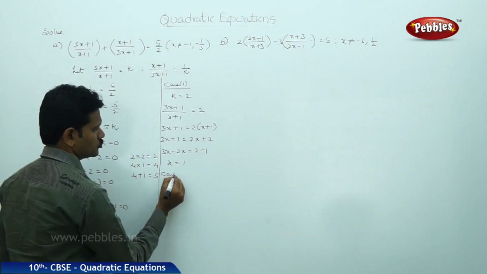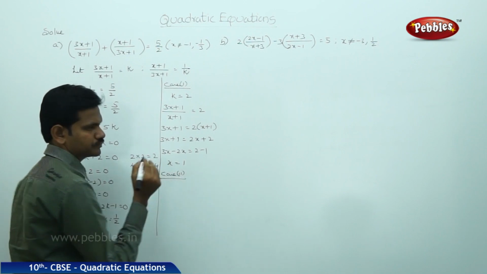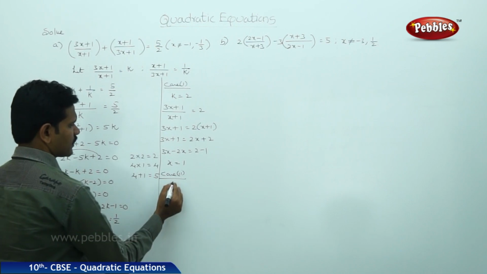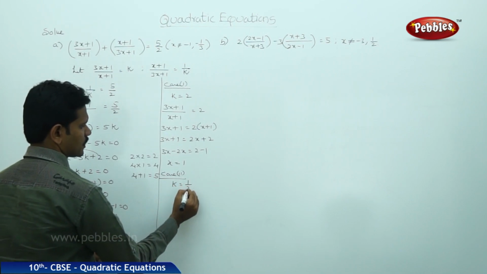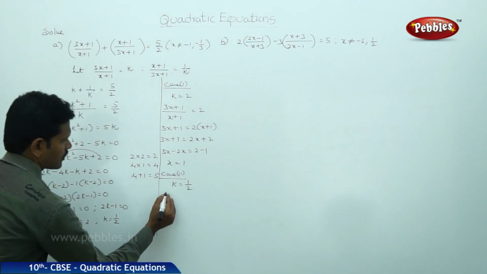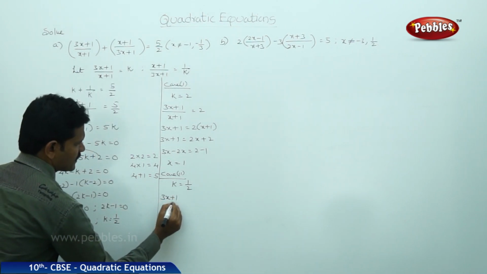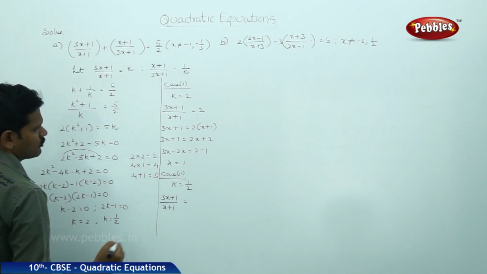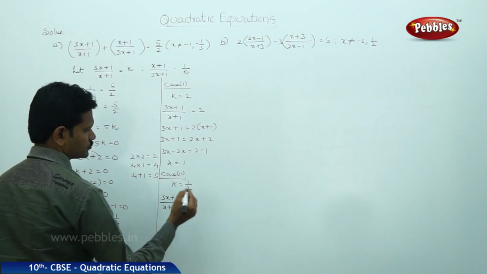Now case 2, that is, k value is 1 by 2. k is equal to 1 by 2. What is the value of the k? 3x plus 1 by x plus 1 is equal to 1 by 2.